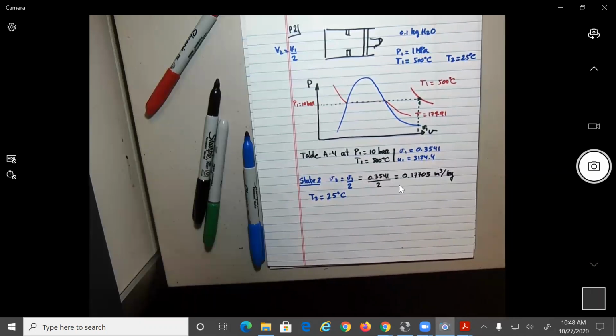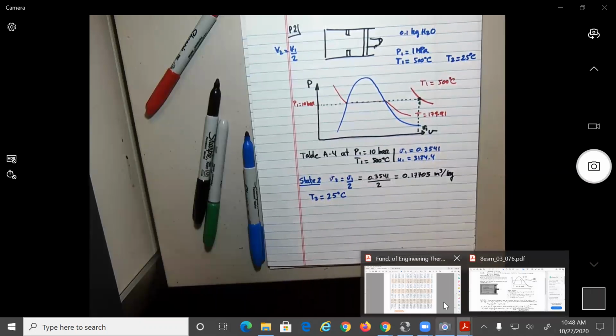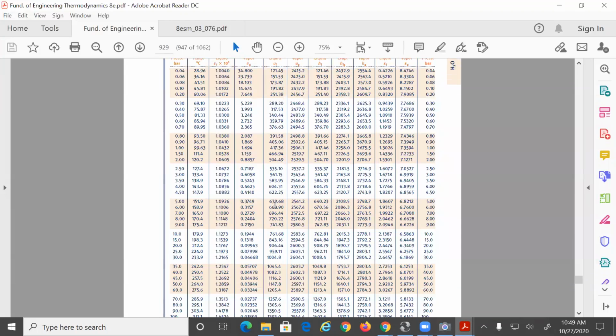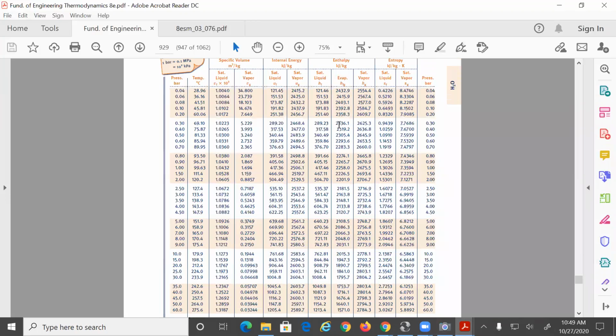So let's see what the value of V is. At 10 bars, let's see what V gas is: 0.1944, and V fluid is 1.1273 times 10 to the minus 3. So that means that we are in the mixture area, correct?